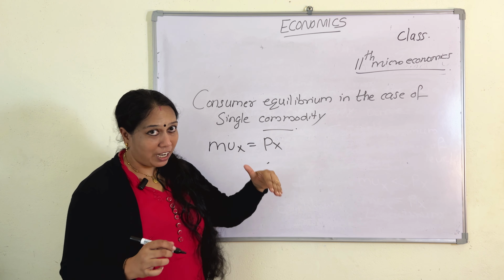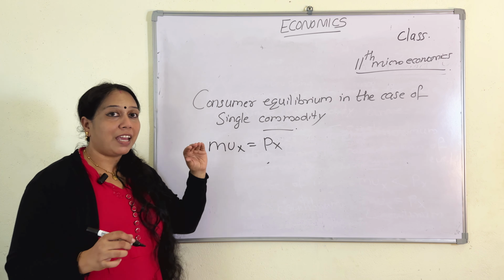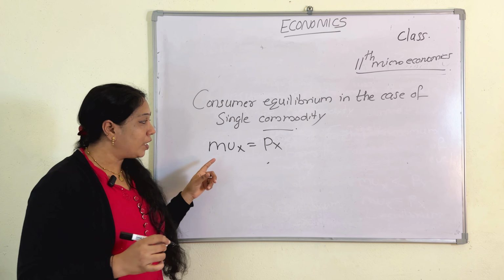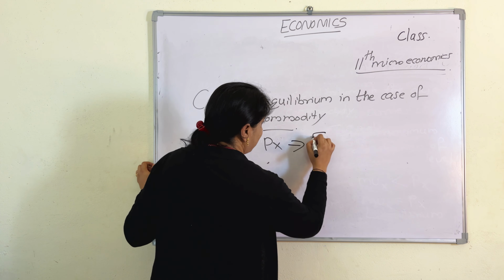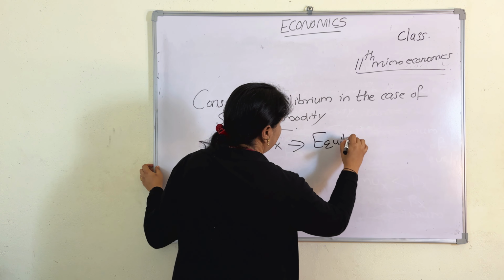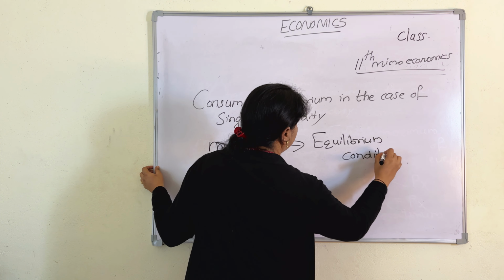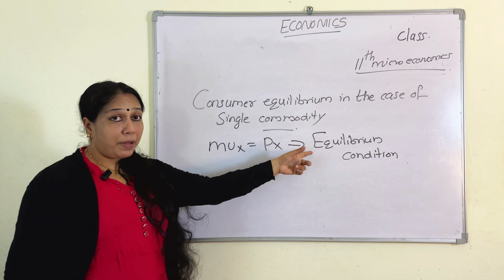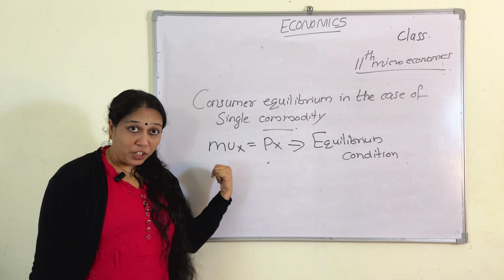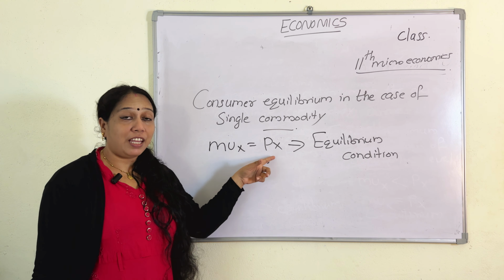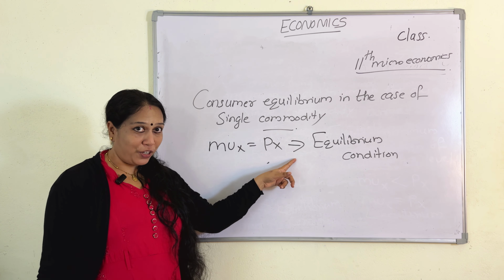Means 10 equal to 10. That is the equilibrium in the case of a single commodity. What is the equilibrium condition? Marginal utility of commodity X should be equal to the price of commodity X.